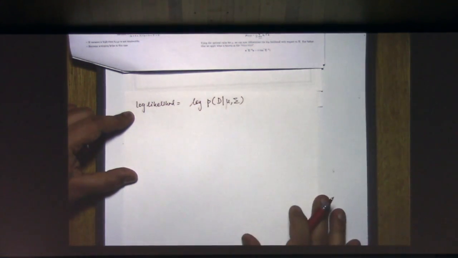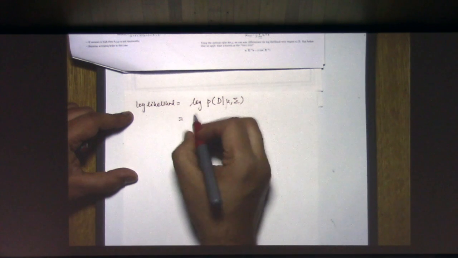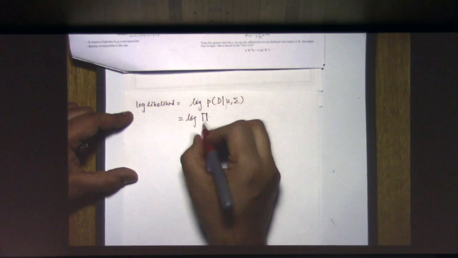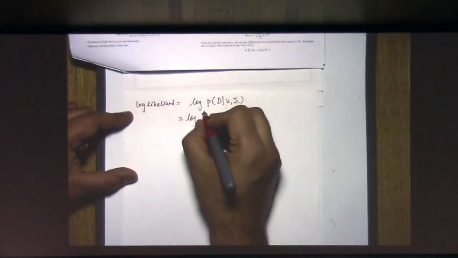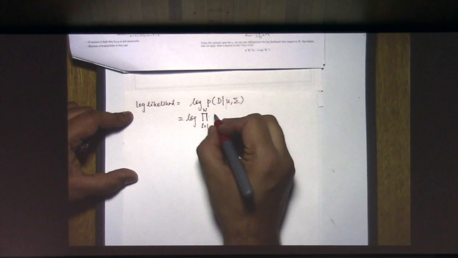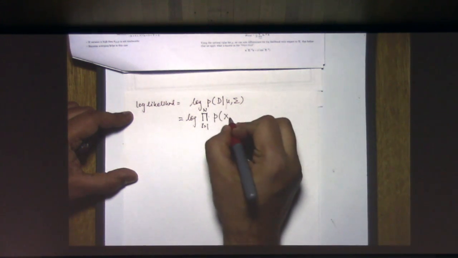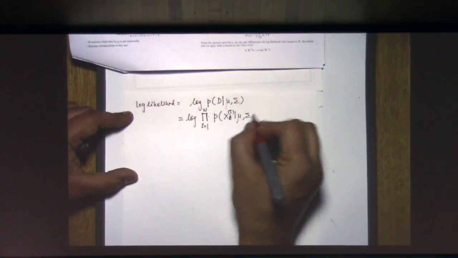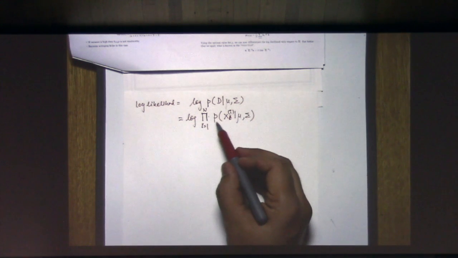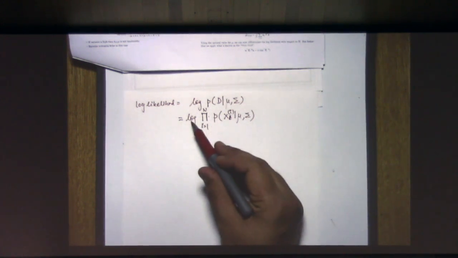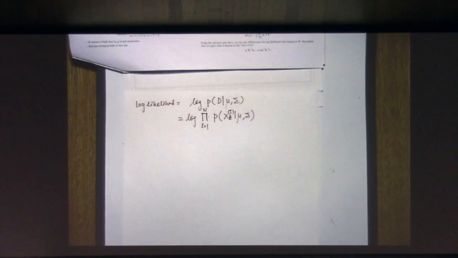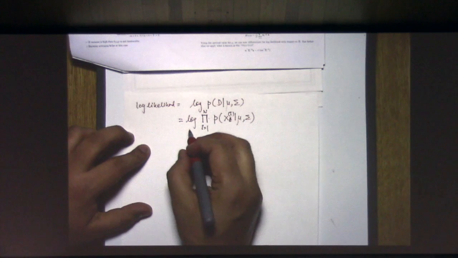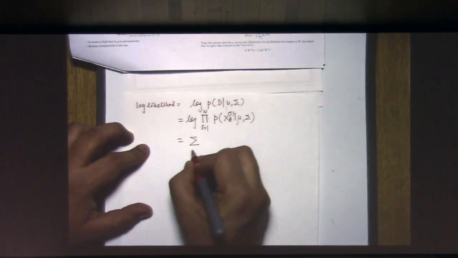Remember, it is given as log of the product, where this is a product sign from i equal to 1 through n, over all the data points you have, of the probability density at xi given mu comma sigma. So you're computing the probability density at each data point, then taking the product of these. That gives you the likelihood, and then you take a log of it. That gives you the log likelihood. Because of the log, this becomes a sum.